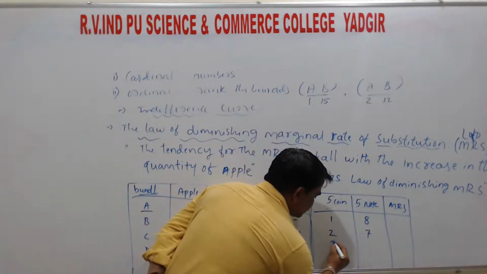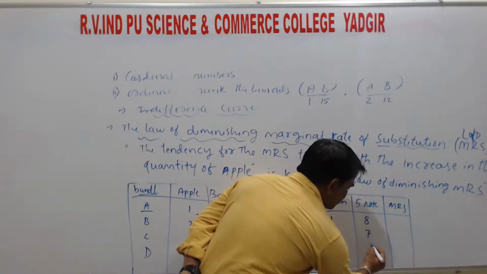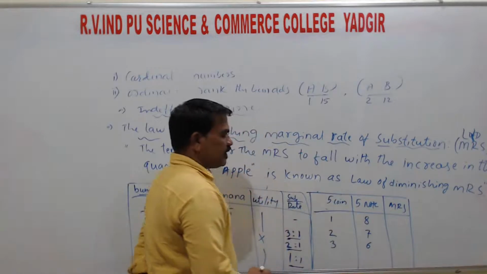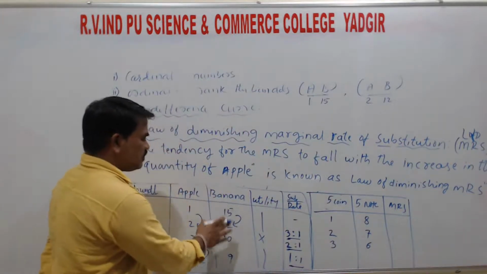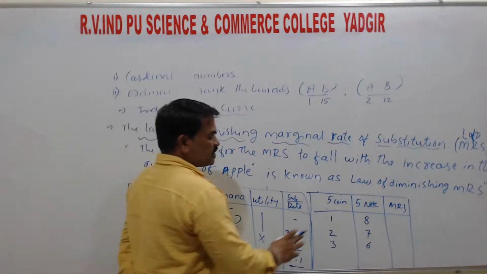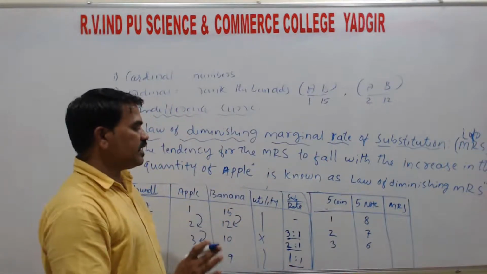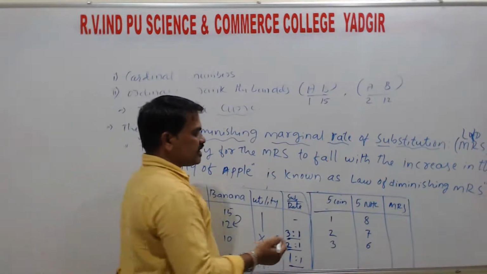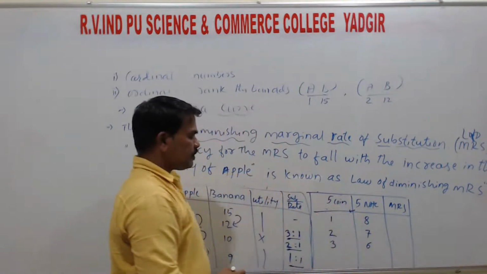Again, if he wants the third coin, he can still further reduce this from 7 to 6. Correct? We can't do what we did with the banana and apple, because both the products are the same in value and nature. That's why we can say this is perfect substitution for note with coin.